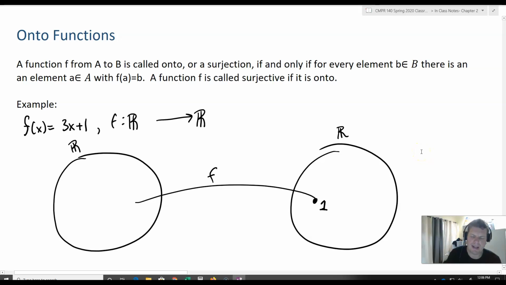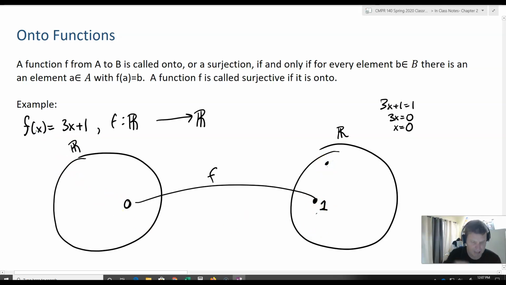Well, 1 is going to map back to 0, because 3x plus 1 equal to 1 means that 3x equals 0, and so x will equal 0. So I've set f of x equal to 1, and found that it maps back to 0.